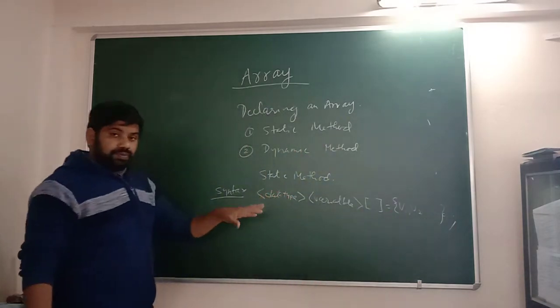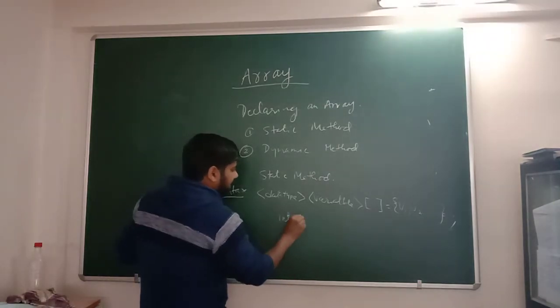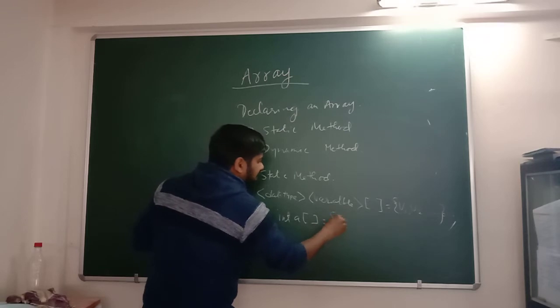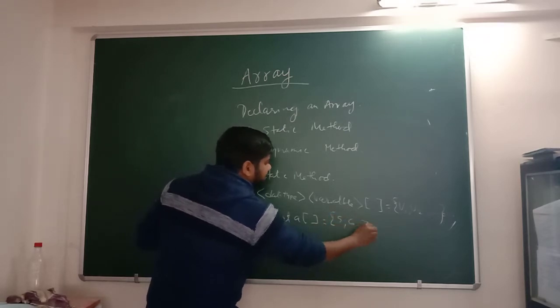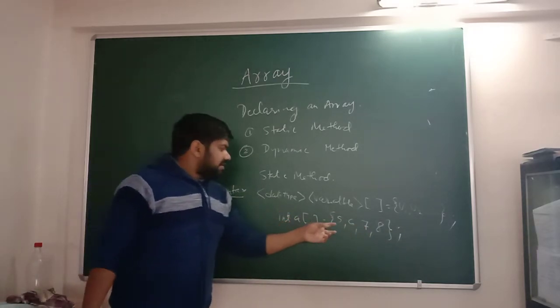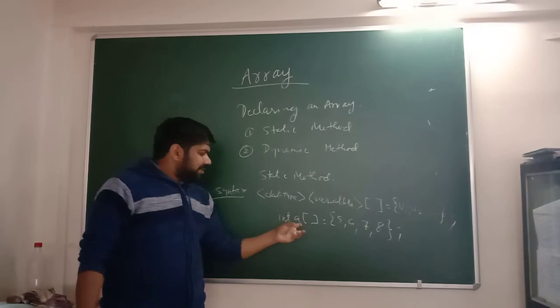Semicolon is very important to put at the last. For example, int a equals 5, 6, 7 and 8. These are the values, it can be anything. So these numbers are stored in int a.